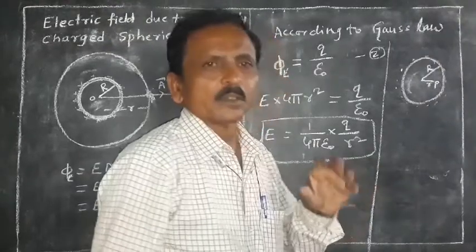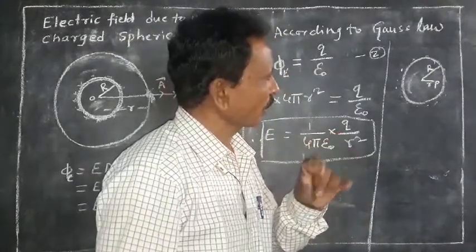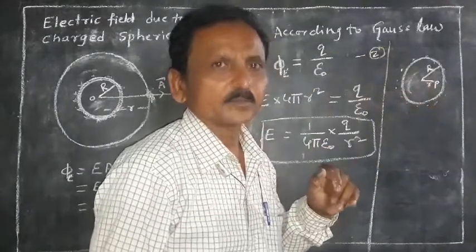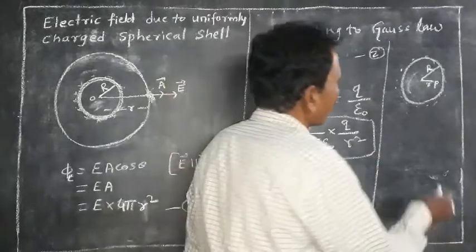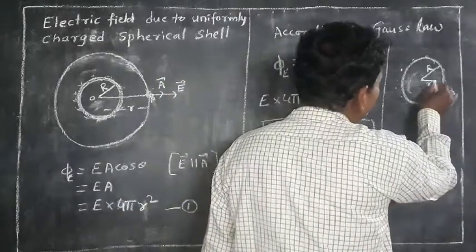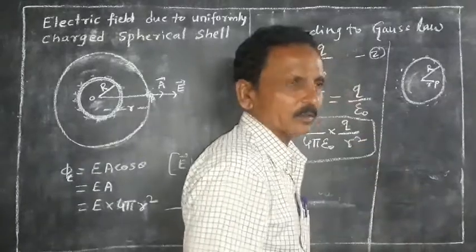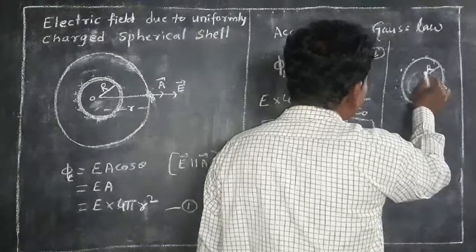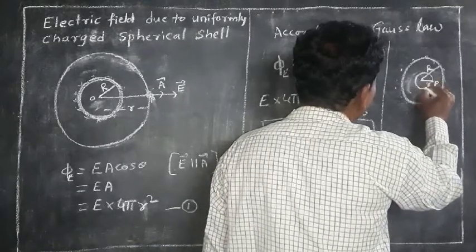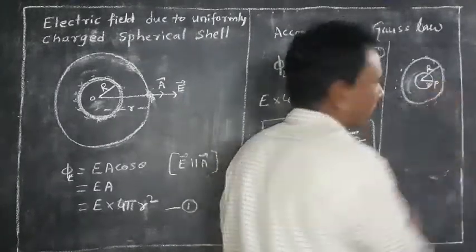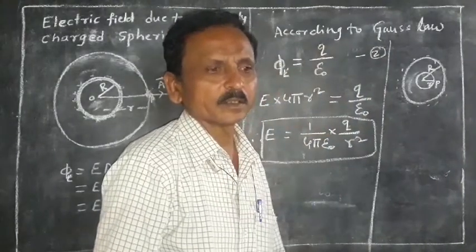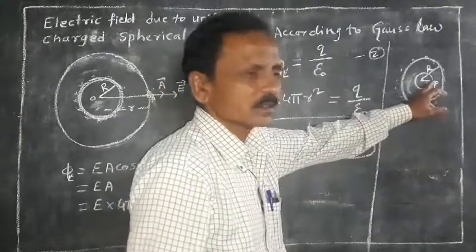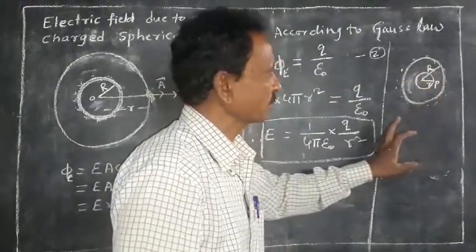According to Gauss law, the flux is Q upon epsilon naught. And to find the electric flux using Gauss law, we draw a sphere with radius small r, called the Gaussian surface.